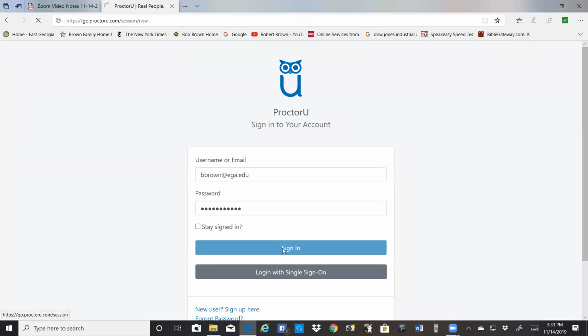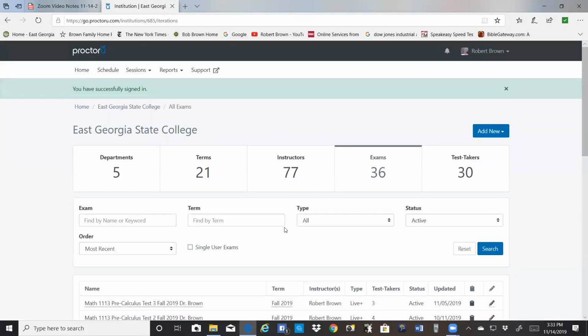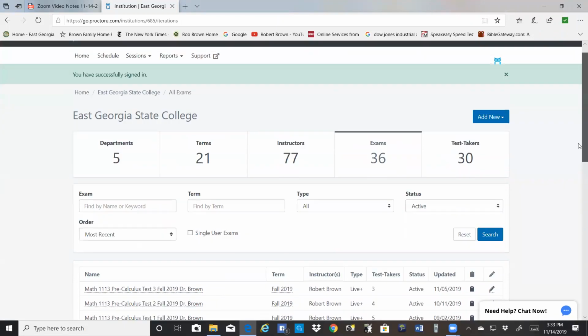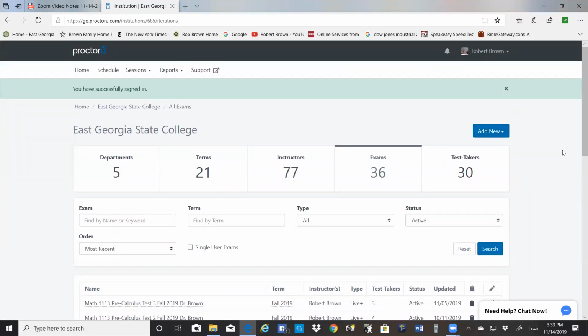I would sign in, and I haven't done it yet, but I'll add a new test, and it'll be an exam that will be the Math 1001 final exam. And then it will appear when you log in, and you will pick that exam and then pick a 2-hour period over the 3 days. And so you can take it whenever you want to.